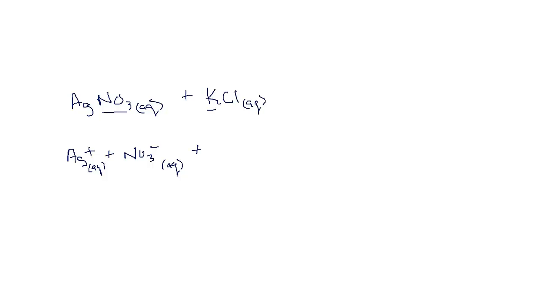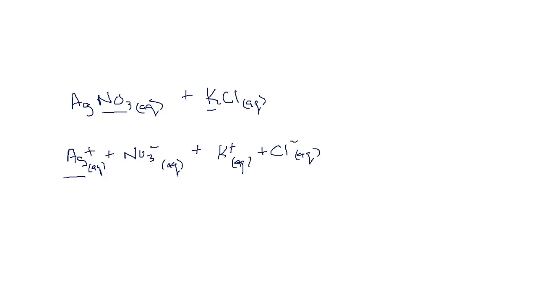Well, all group 1A salts or group 1 metal ion salts dissolve in water, so this is going to dissolve into potassium ions in water and chloride ions. All right, and again, AQ symbolizes that it dissolves. So what's going to react with what?